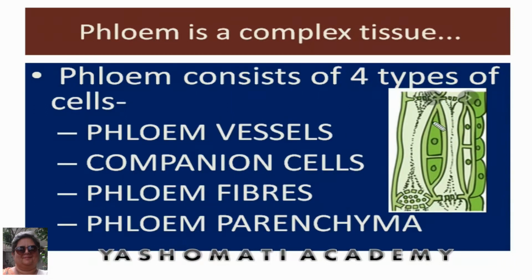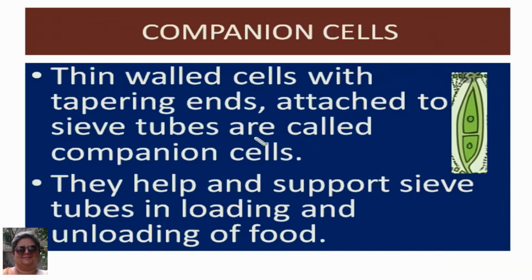They help and support sieve tubes in loading and unloading of food. As we have just studied, the function of phloem is to transport food. These companion cells help in loading, that means putting the food into the phloem vessel, and similarly when the food is to be unloaded at the sink, then also these companion cells help in unloading the food from phloem vessels to the part where the food is to be stored.